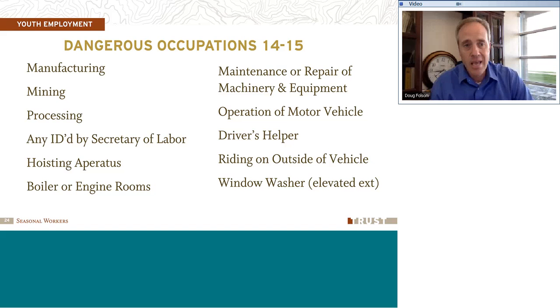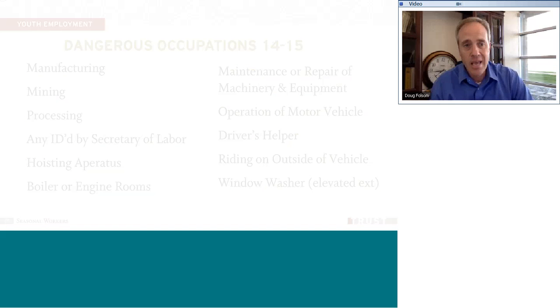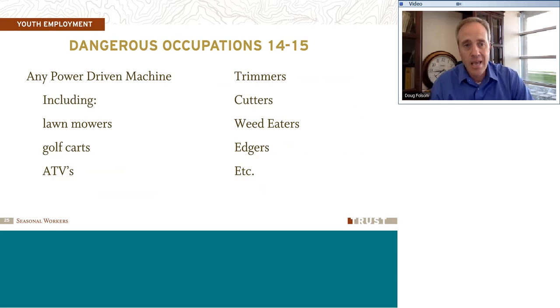So a lot of these things may even be things that kids use at home. I got my 14-year-old to cut the grass and use a weed eater and everything. It's something they're familiar with, but specifically for child labor laws, if you're under 16, you cannot operate even those lawn care equipment, okay? They have to be 16 years old.